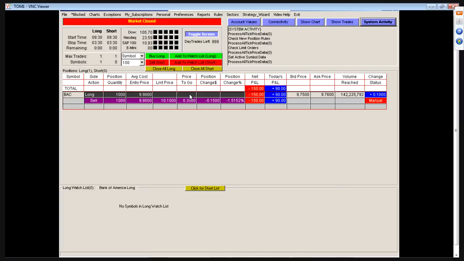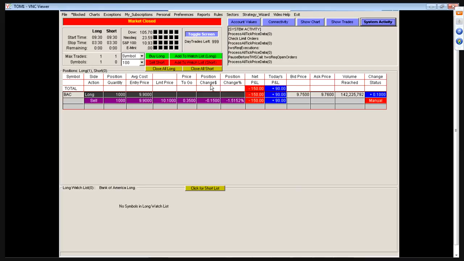I noticed every time I was looking at an auto trader, I was doing this mental math: how much more does it have to go up or down before I reach my goal? As the auto trader evolved, we started putting these things in there so you don't have to think so hard. You can just glance at it and say, oh, it's got to go up 35 cents more. Otherwise, you would always have to look at the limit price, then go all the way over to the right and look at the bid price and see what the difference is.